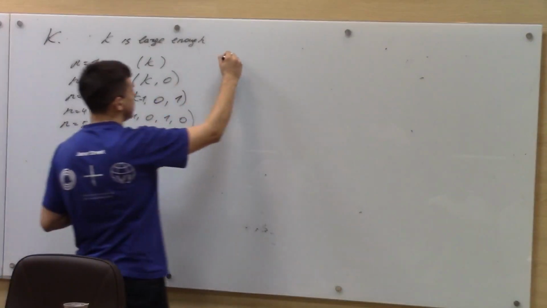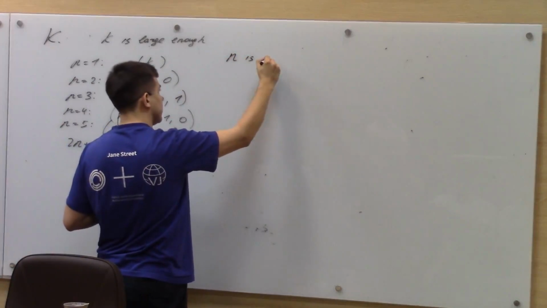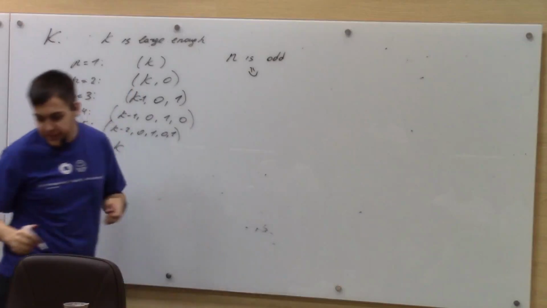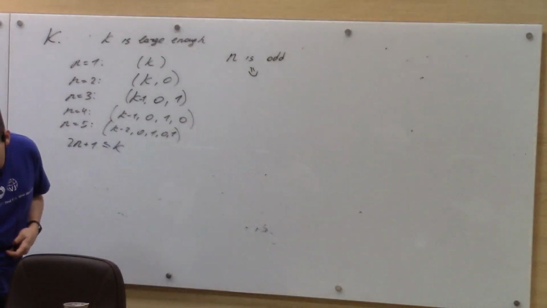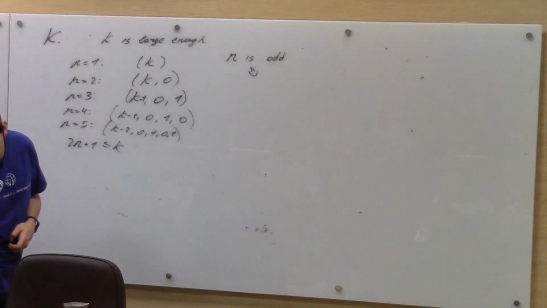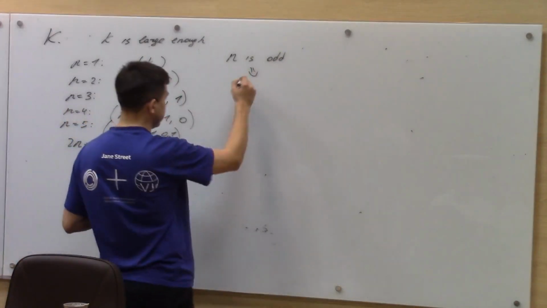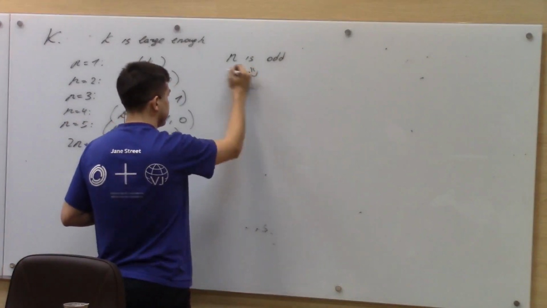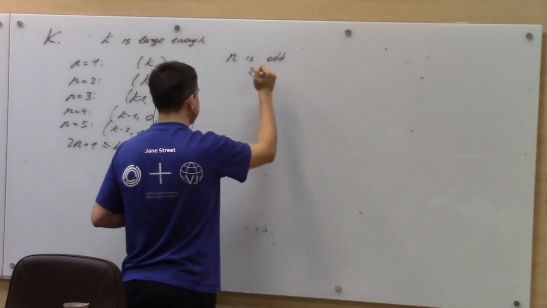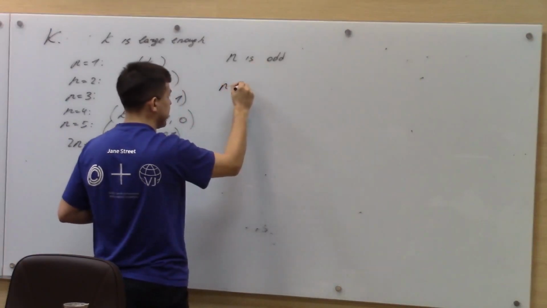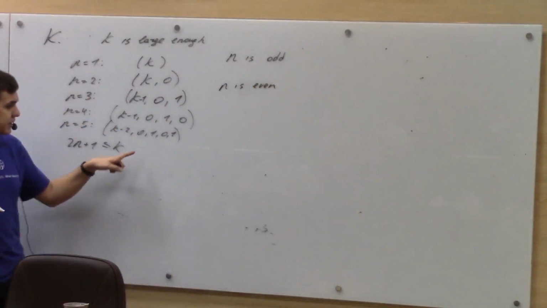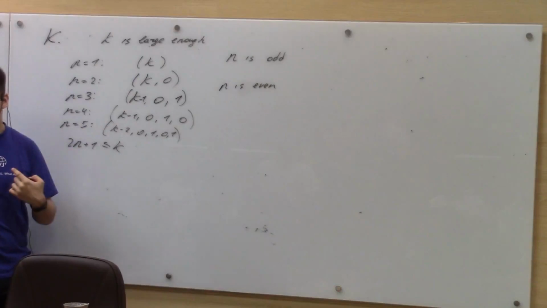So if n is odd, then we give 0 to ourselves, and then give oranges to someone else. So it's 0, 0. And it's odd. And if n is even, then we need to give oranges to some 0s too.